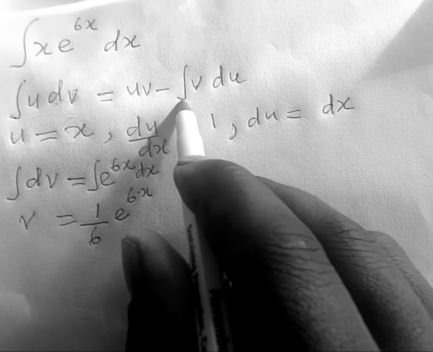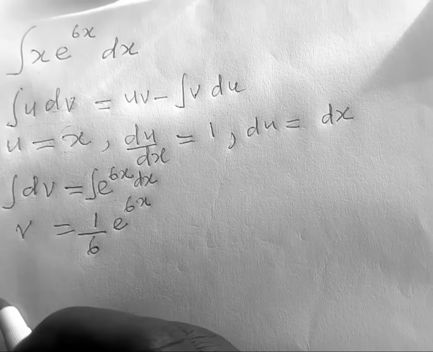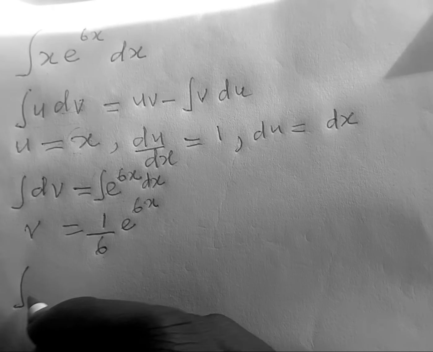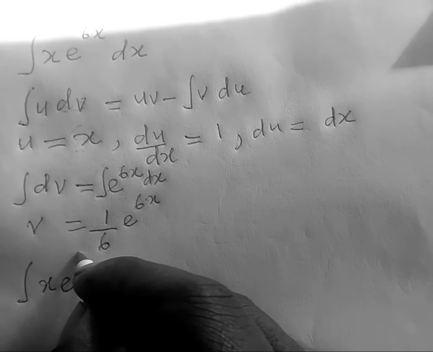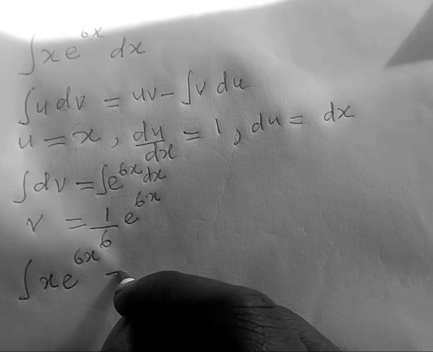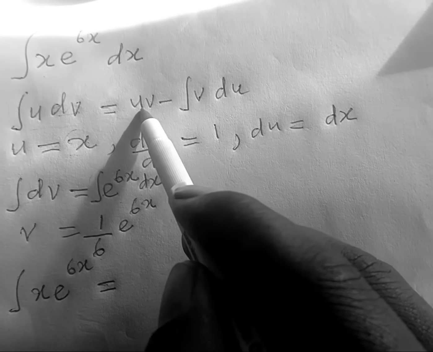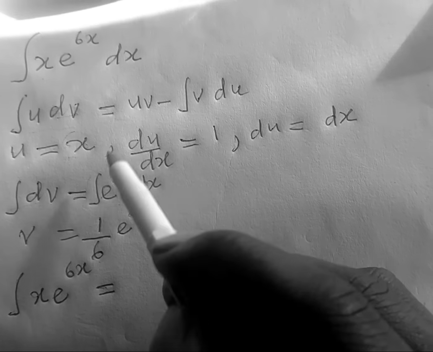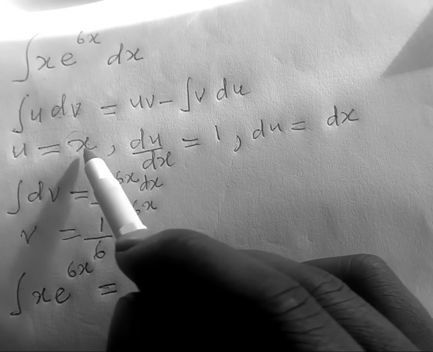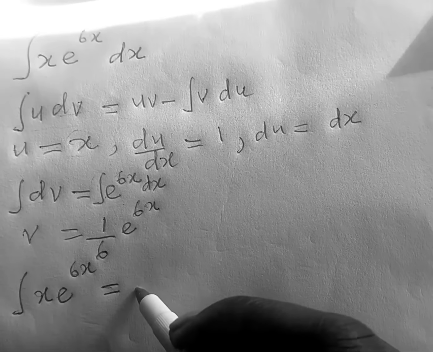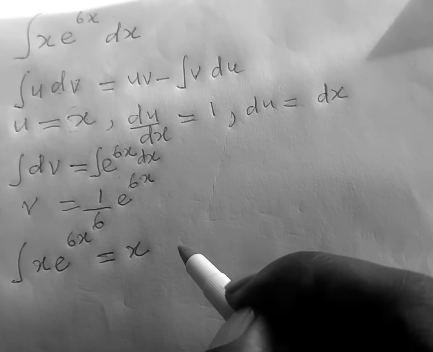And then we go back to our formula and do some necessary substitutions. The integral of x e to the power 6x is equal to, we substitute u by x because we have obtained that u is equal to x. So there is x here.